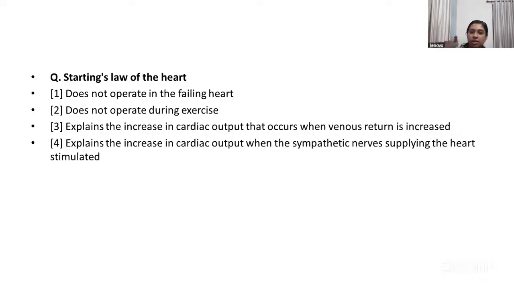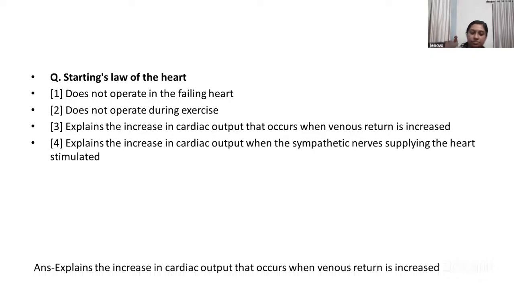Next is Starling's law of the heart. The options are: does not operate in the failing heart, does not operate during exercise, explains the increase in cardiac output that occurs when venous return is increased, and explains the increase in cardiac output when the sympathetic nerve supplying the heart is stimulated. What's the answer?